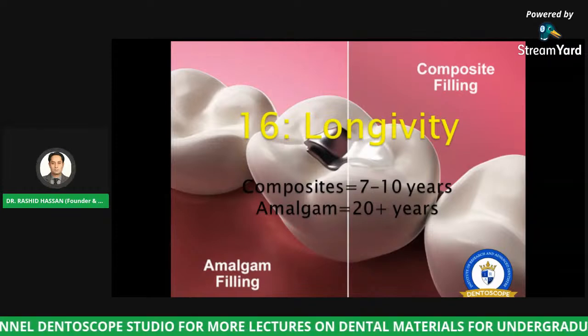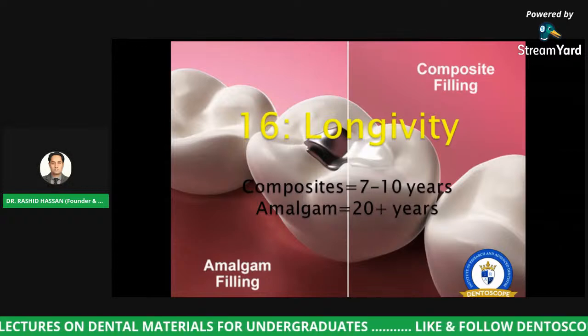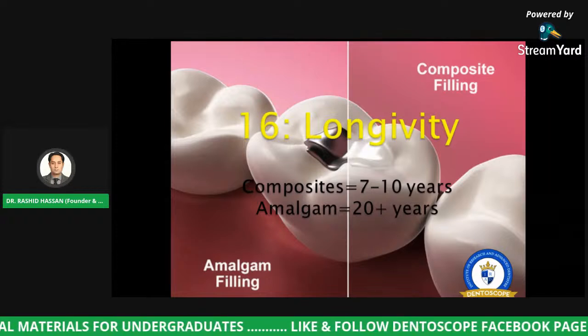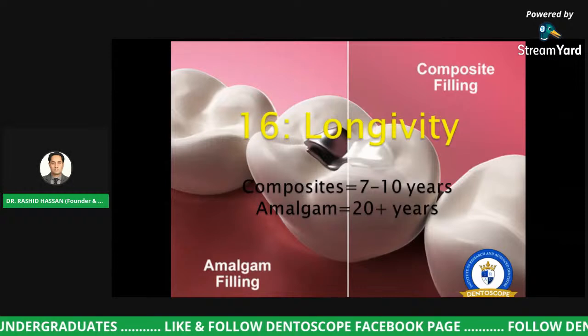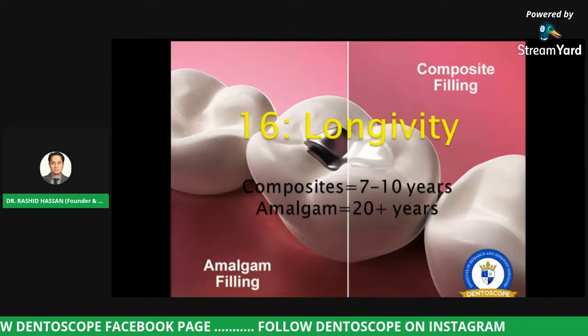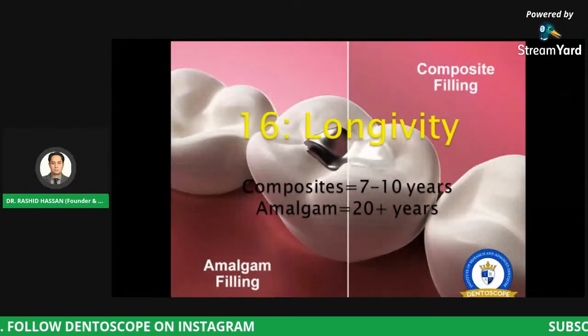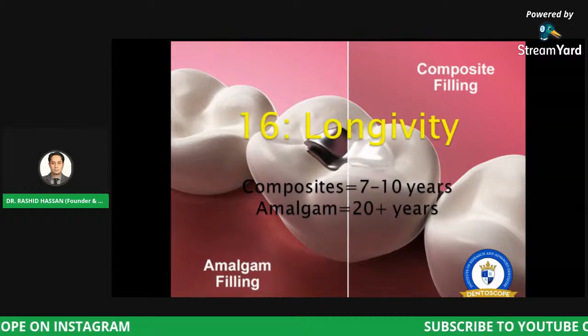That is the maximum time they can provide service in the oral cavity. But dental amalgam has a proven track record of serving. Some fillings last for more than 20 years.